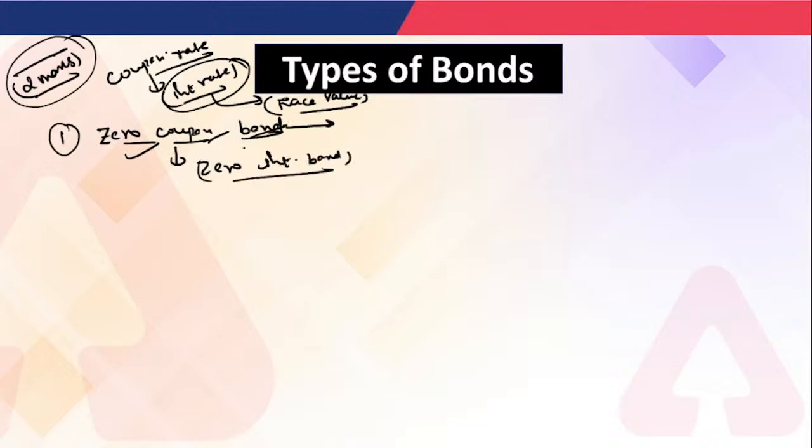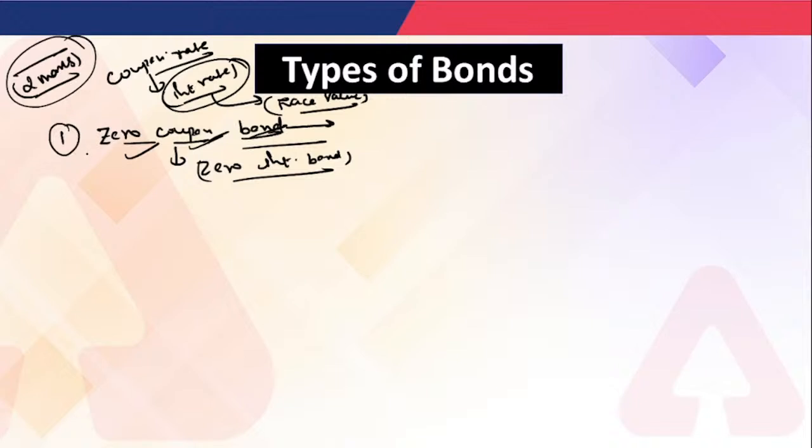You are not going to get any kind of interest from this zero coupon bond, right? Instead of that, the bond will just be issued at a discount to its par value, right? So that is known as a zero coupon bond, and it will generate a return once the bondholder is paid the full face value when the bond matures, right?